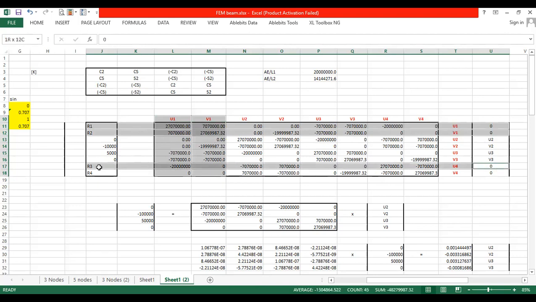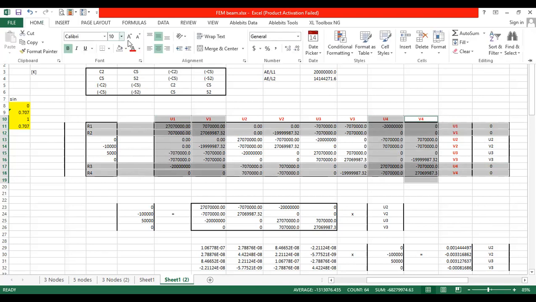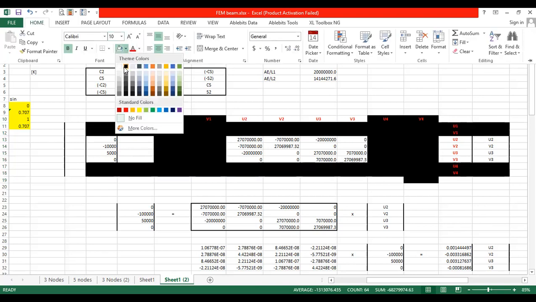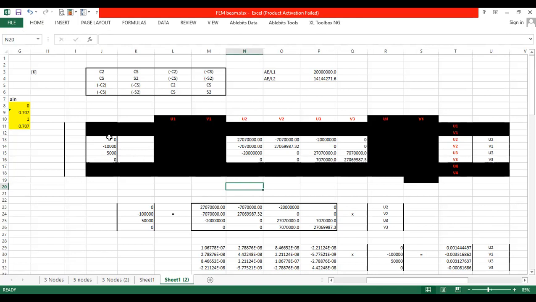U4 is 0. V4 is 0. You have to close that row and close that column, right? So that you will be remaining with these things, right? This is the reduced force matrix. This is the reduced stiffness matrix as it is, and these are the displacement, right?